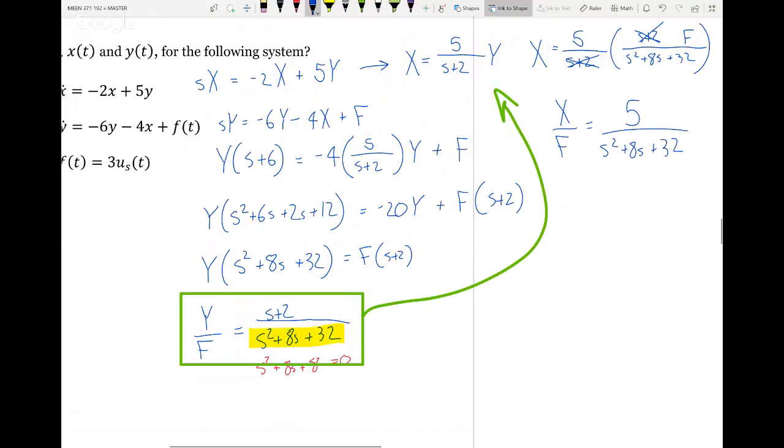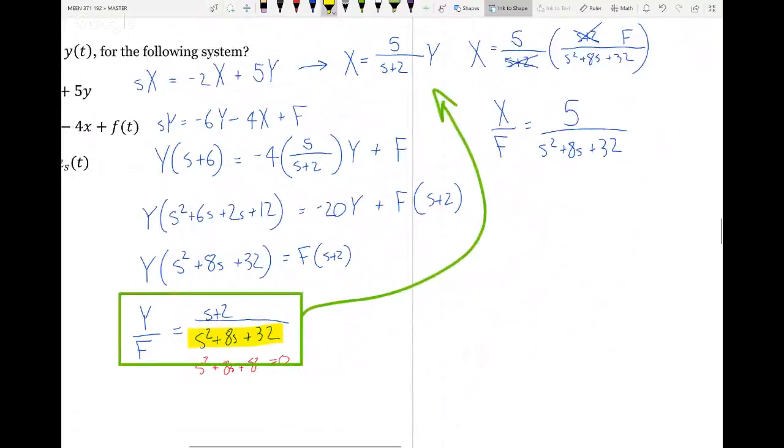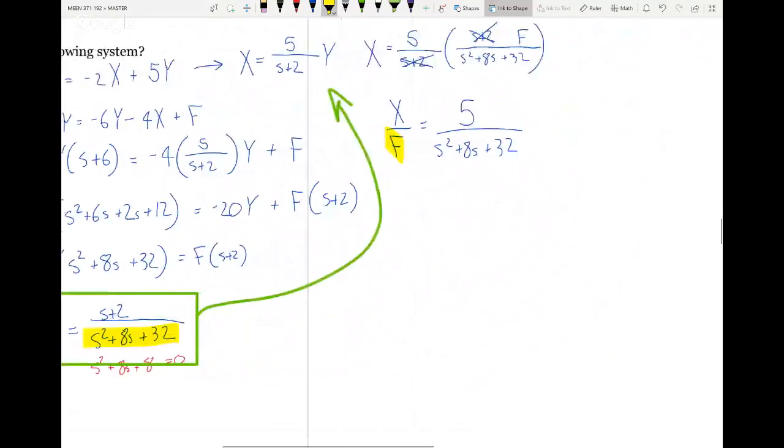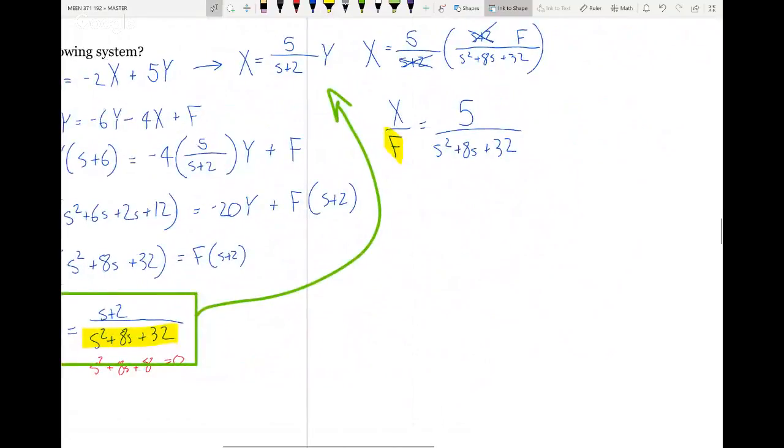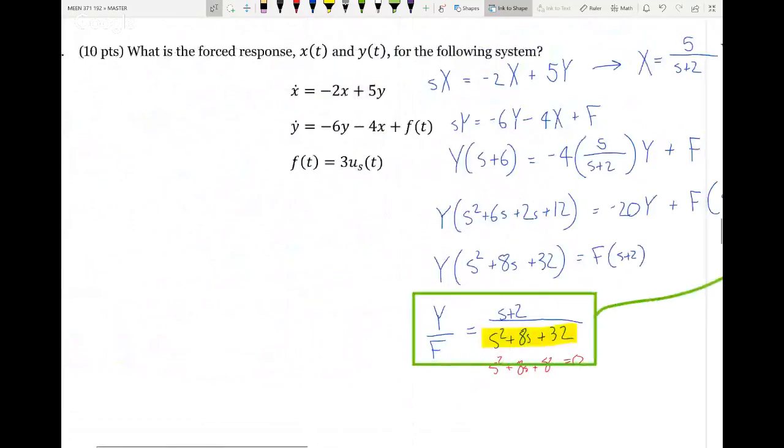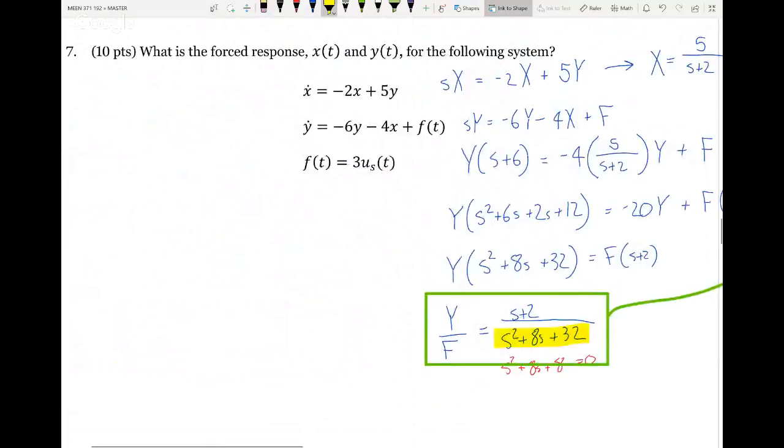Okay, notice you got the same characteristic equation. You were probably expecting that. Now we're going to go in and do something with these input functions f. Okay, so we're saying that our input function here is 3 times this unit step function, which tells us that our f of s is going to be 3 over s.